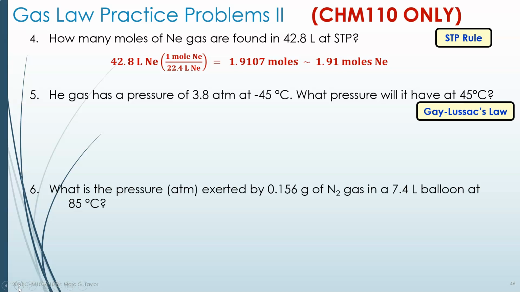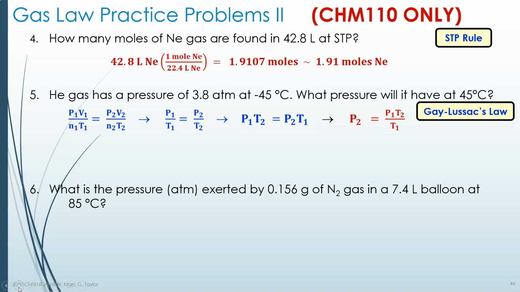And since we're only dealing with changes in P and T, we use Amontons' formula. But if you don't need to remember Amontons' formula, as long as you remember the two-condition ideal gas law shown in blue in the beginning of this line, then you cancel out the number and the volume because these are not changing in this problem.